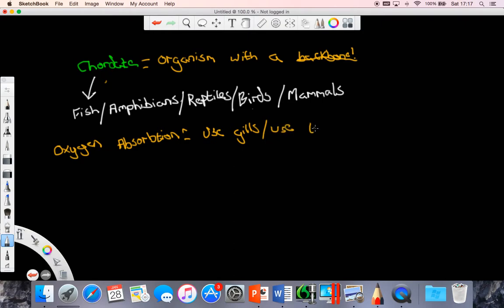So that would be one way in which we could separate mammals from fish. We could say that fish use gills and mammals use lungs. So although they're part of Chordata, we can separate them by the way they absorb oxygen into their body. Another one we can use is fertilization.